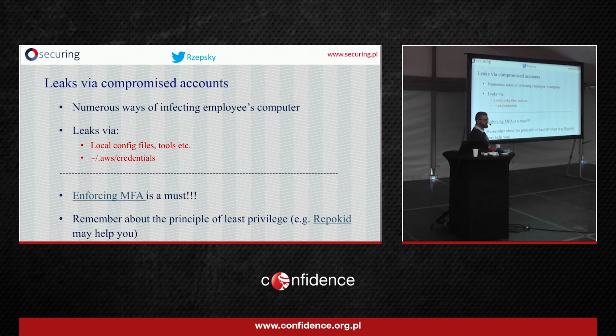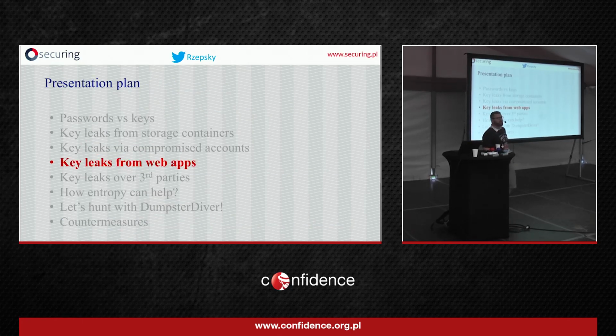It uses the Access Advisor, and basically, if I have a lot of roles assigned to my account, then RepoKit verifies, okay, you didn't use this role for 30 days, so it is trimmed from your account.